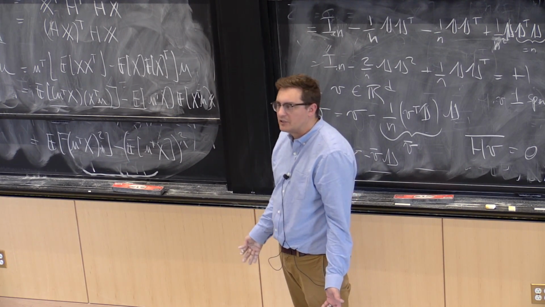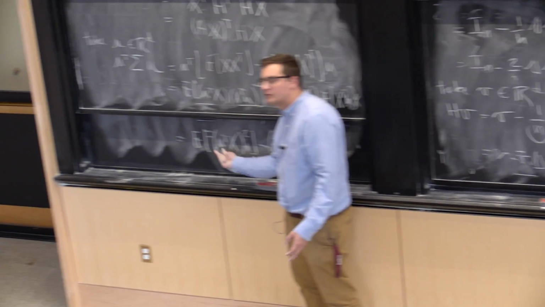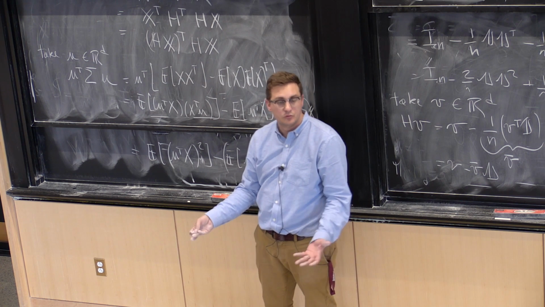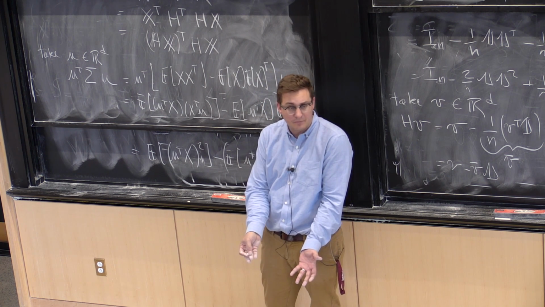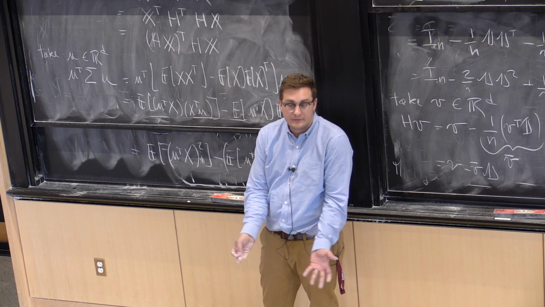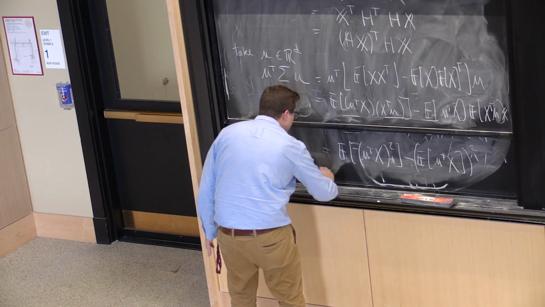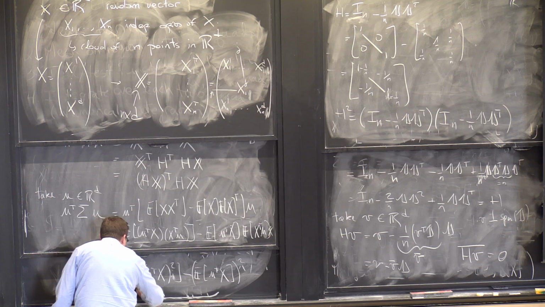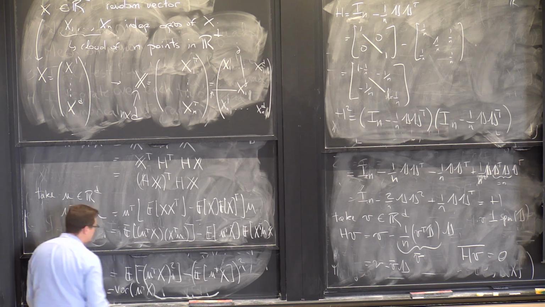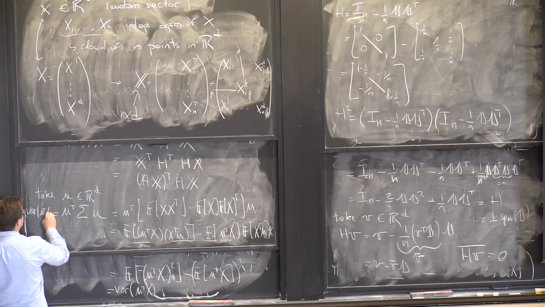But this is something that should look familiar. This is really just the variance of this particular random variable, which is of the form u transpose x. Right? u transpose x is a number. It involves a random vector, so it's a random variable, and so it has a variance. And this variance is exactly given by this formula. So what we've proved is that this is really just the variance of u transpose x.